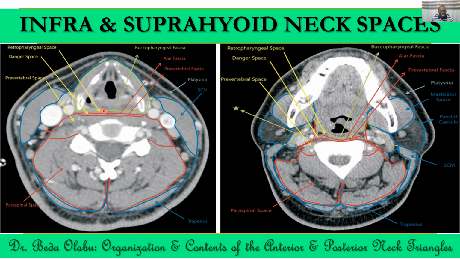Retropharyngeal space, you can see it here as well as there. Danger space, you can see it there as well as there. Parotid space, which is this region here, you can see it there. The posterior cervical space, which is this region, you can see it there.